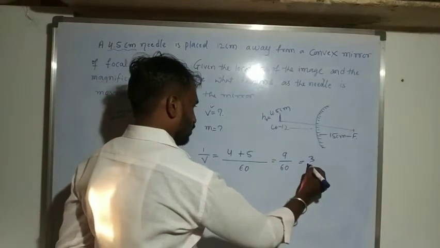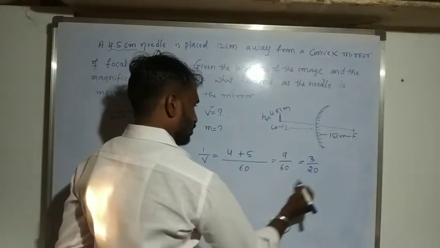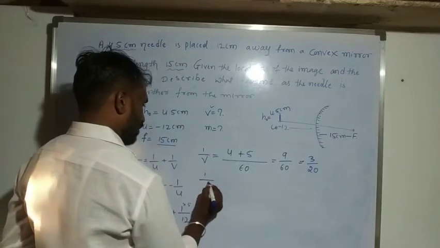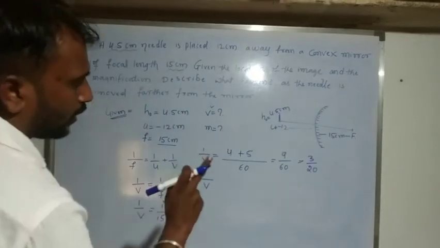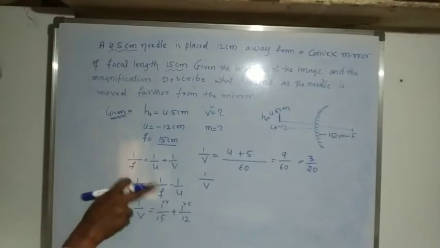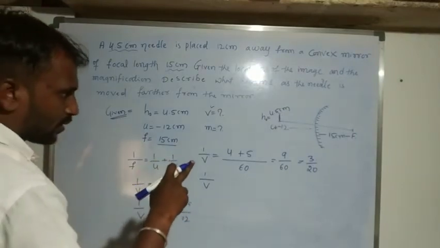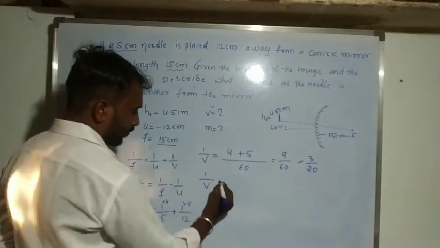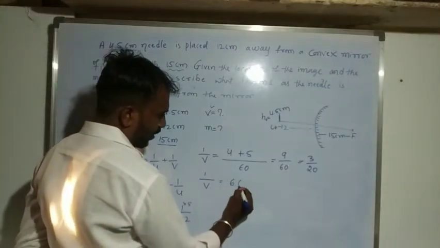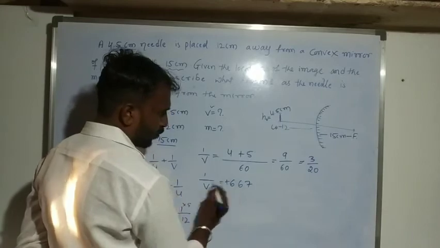So 1 by V is 3 divided by 20, which means V is 6.67. Okay, 6.67, and this one is positive.